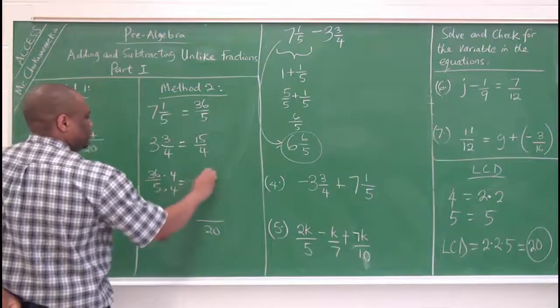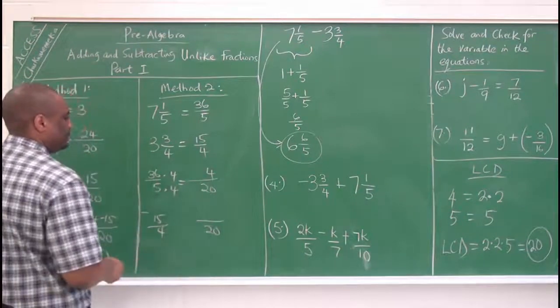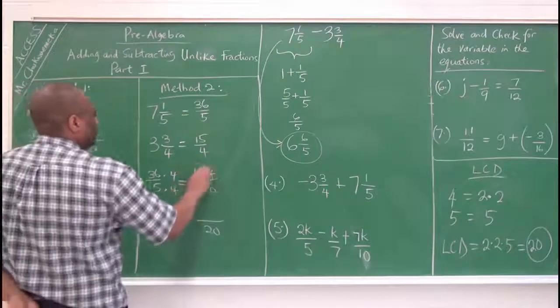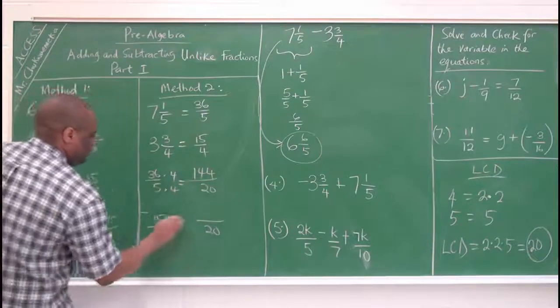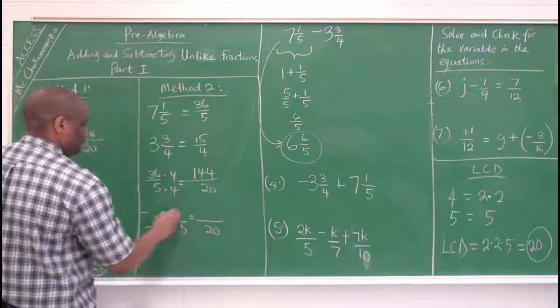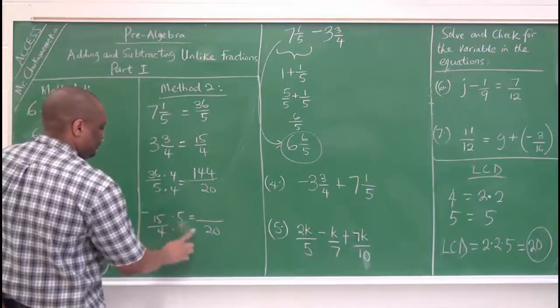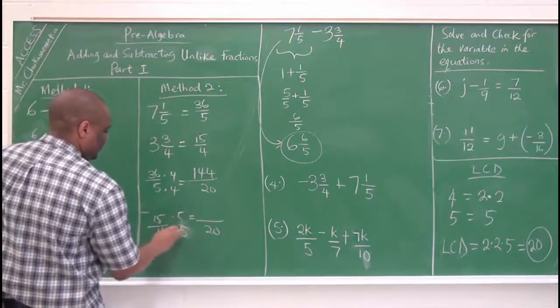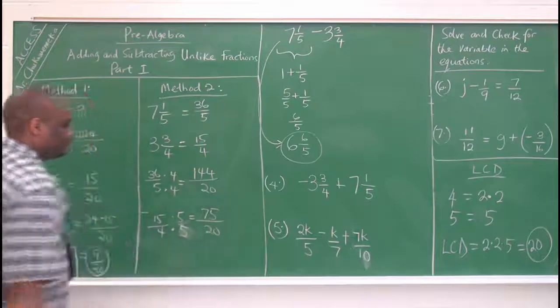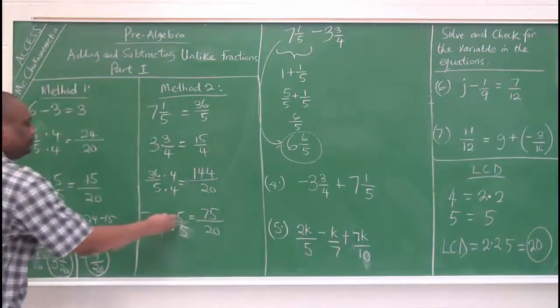So this is 5 times 4. This is 36 times 4. So 4 times 6 is 24. Carry 2. 4 times 3 is 12 plus 2, 14. 4 times 5 is 20. So 15 times 5. 5 times 15 is what? 75. Okay?